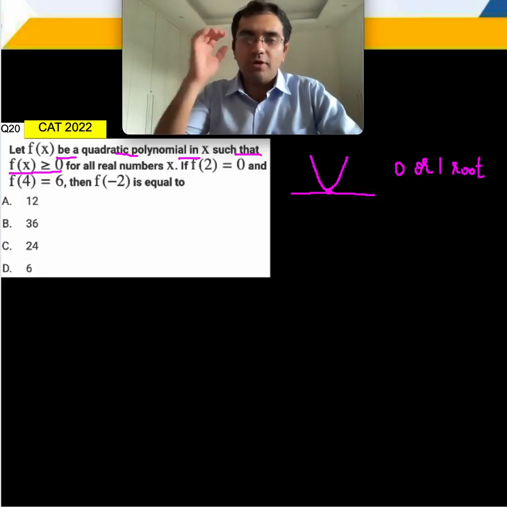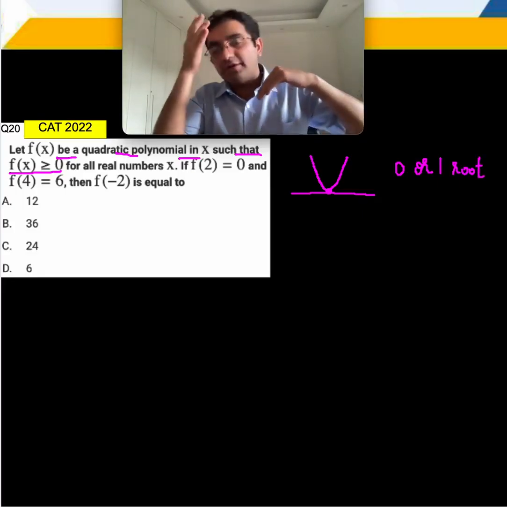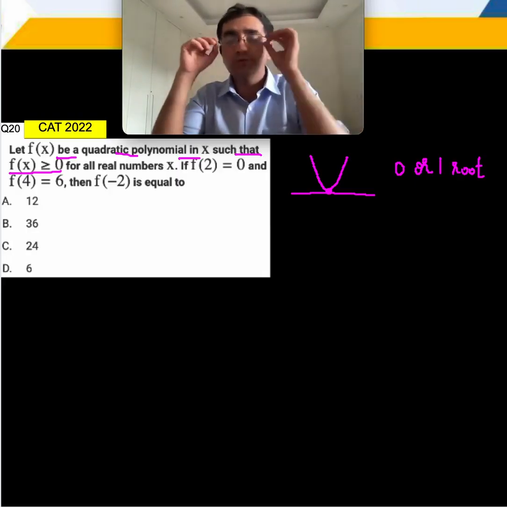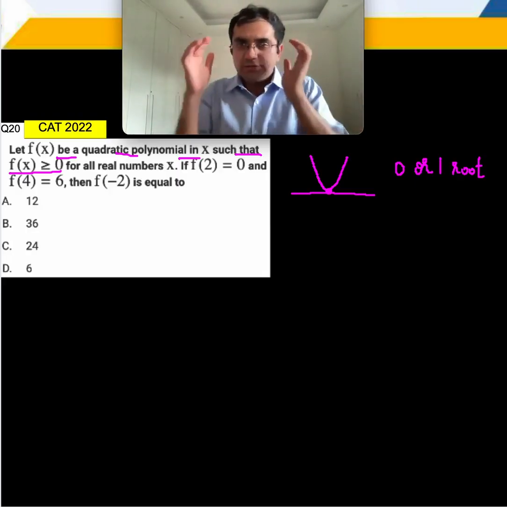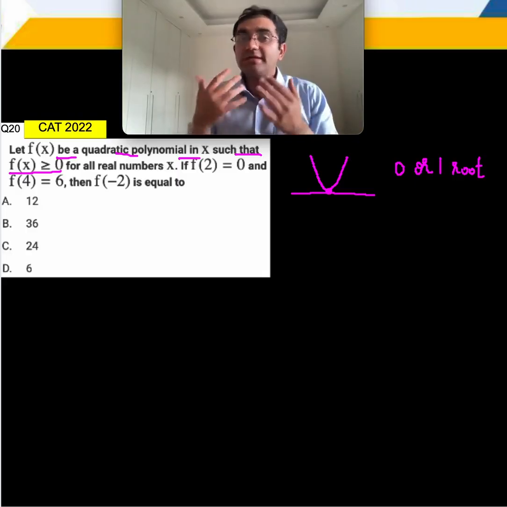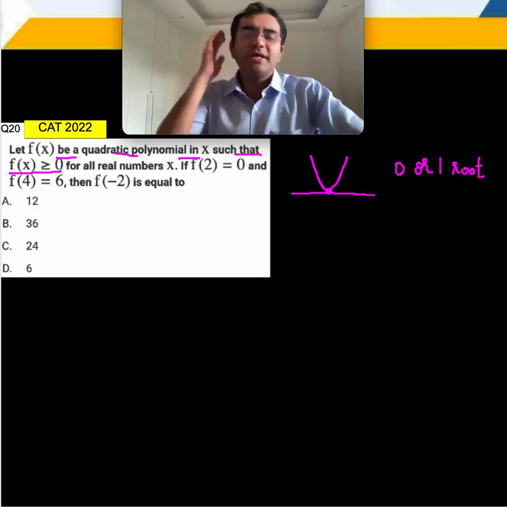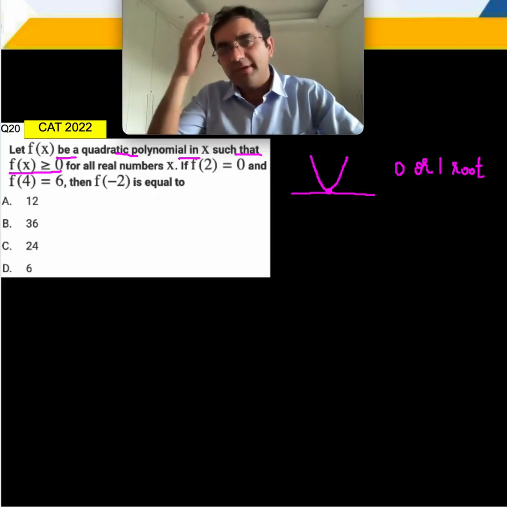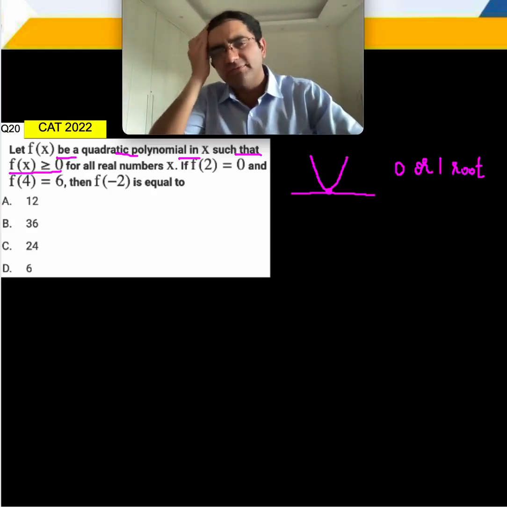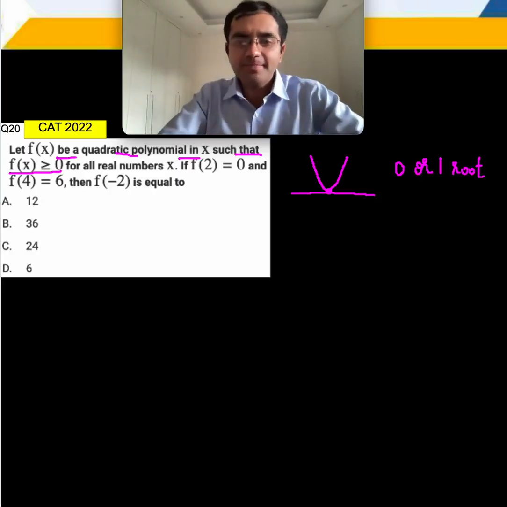Greater than or equal to 0 means it is not telling us for sure, right? It means there might be 0 roots or there might be 1 root, and 1 root in the sense that both roots will be equal.